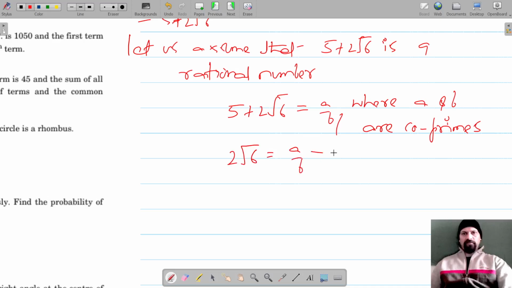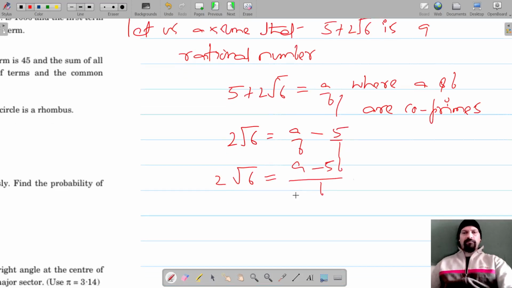If I rearrange this, it gives me 2 root 6 is equal to a by b minus 5, and root 6 is equal to, I can take LCM here, a minus 5b by 2b.